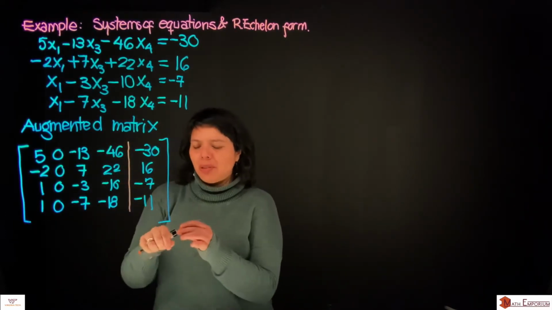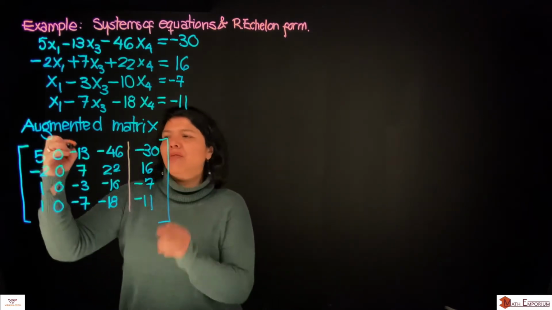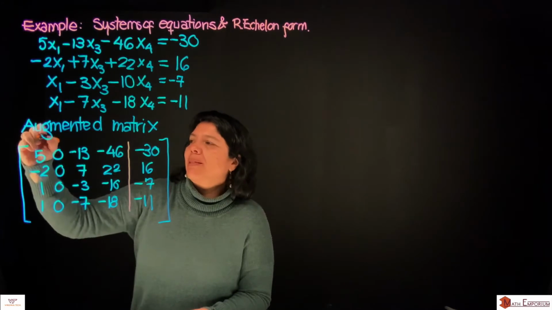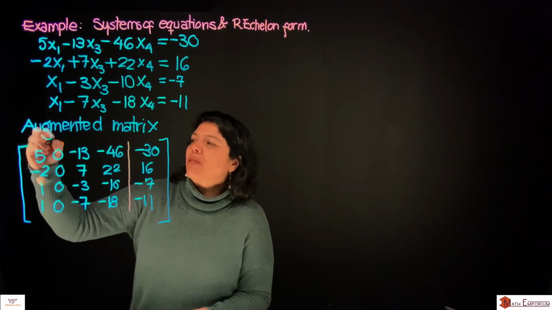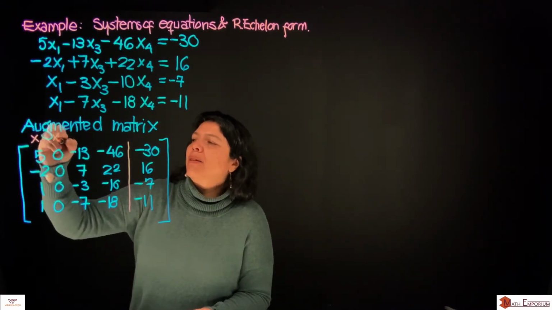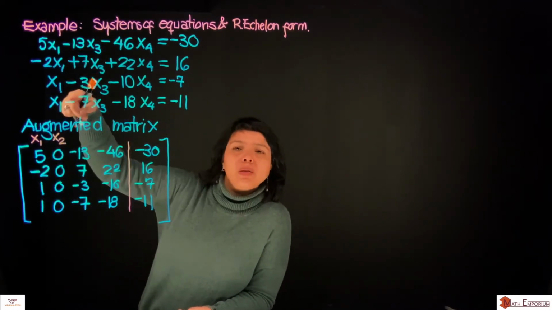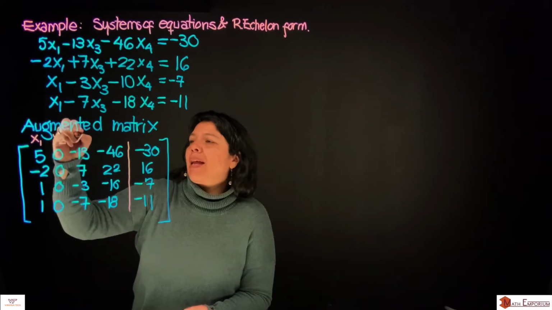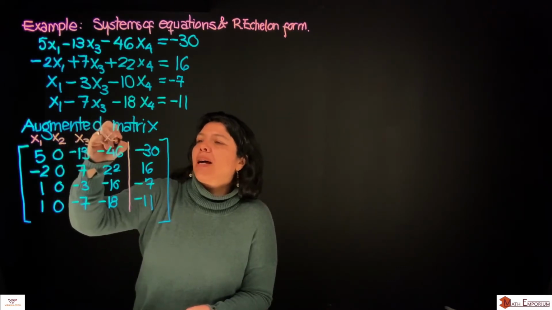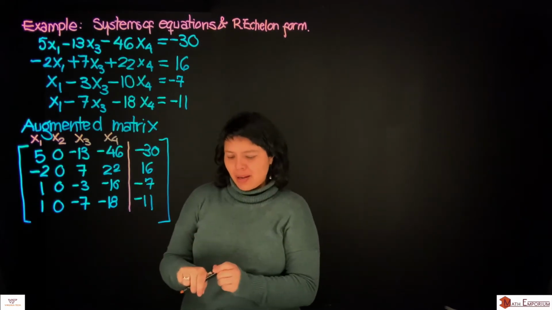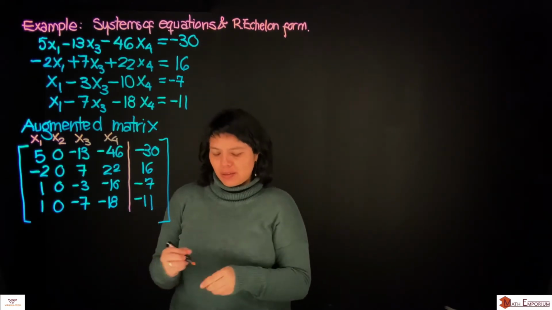This time I'm not going to continue writing the line, but it's for you to connect these ideas with what we have in the textbook. These are the coefficients corresponding to the variable x1, these to x2, and again, these are zeros because there are no x2s here, then x3, the coefficients for x4, and the last column is for the constants on this side of your equation.